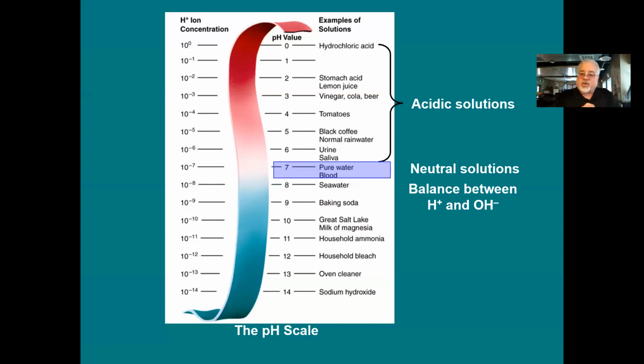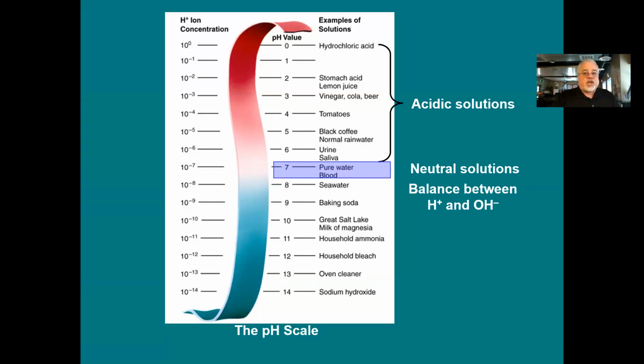You're at neutral pH. And so pure water, which isn't water in nature, but water that's been made pure through laboratory purification, human interaction. Blood is right there, just barely off of 7.